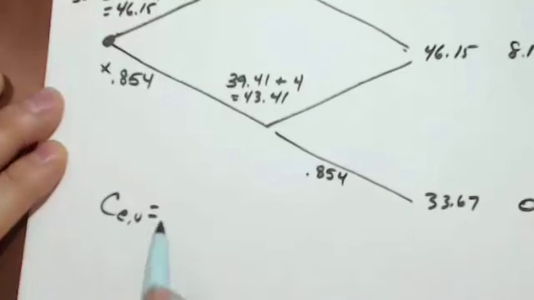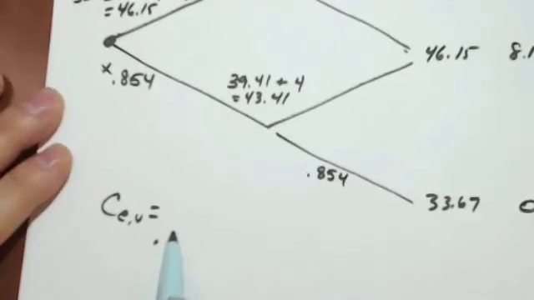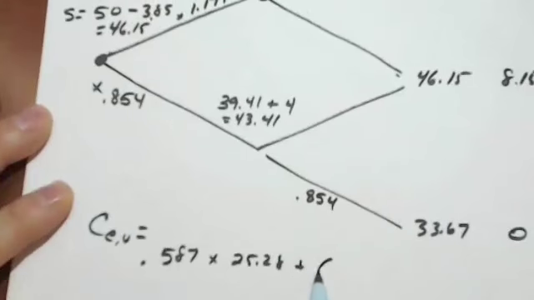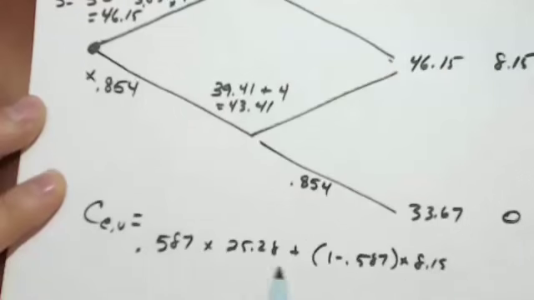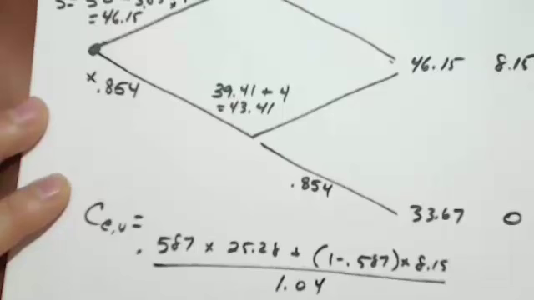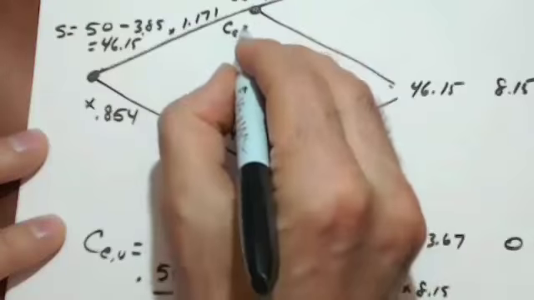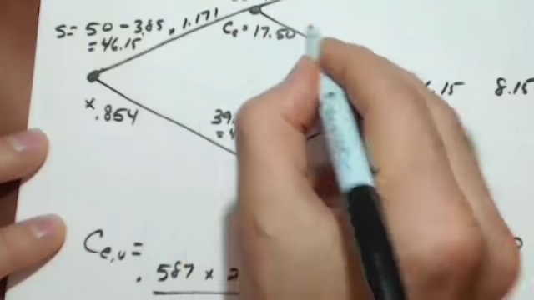And that is worth the probability of going up, 58.7 times the 25.28 in the up node right here, plus 1 minus 0.587 times 8.15 in the middle node here, divided by 1.04, and I get 17.50. So the value of a European call at this point is 17.50.